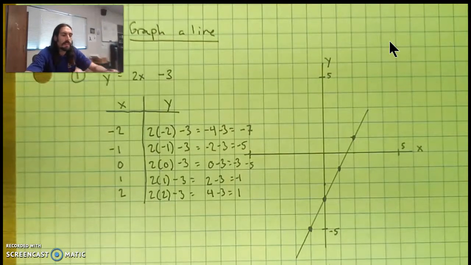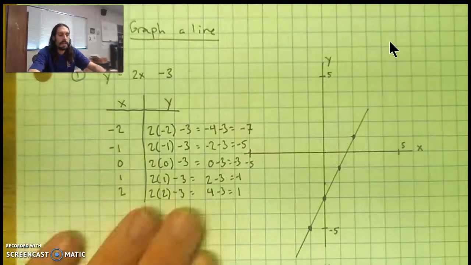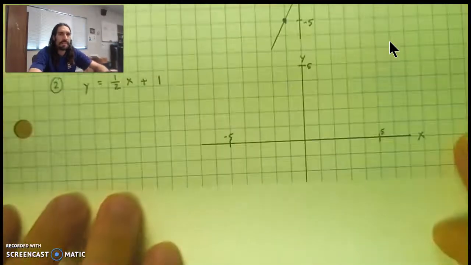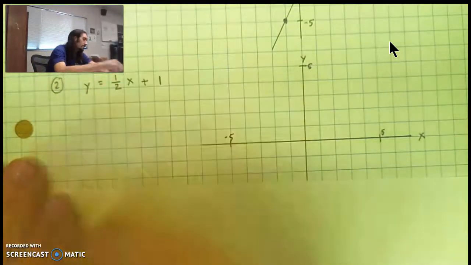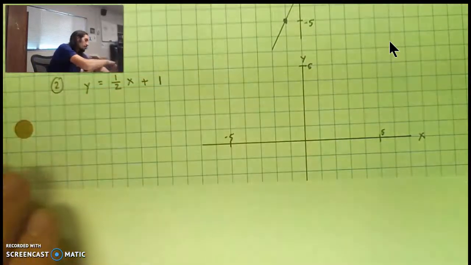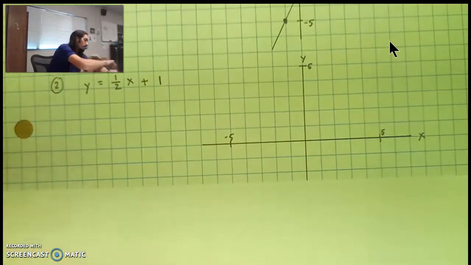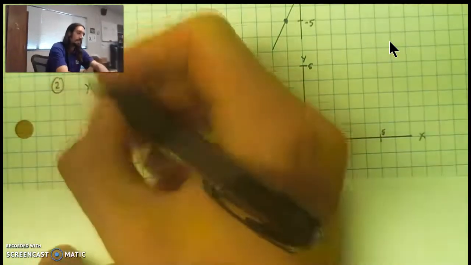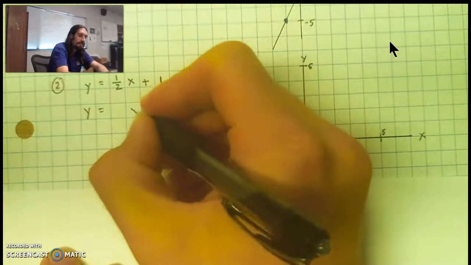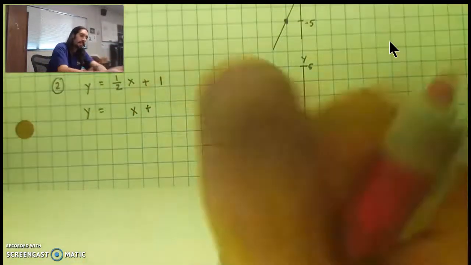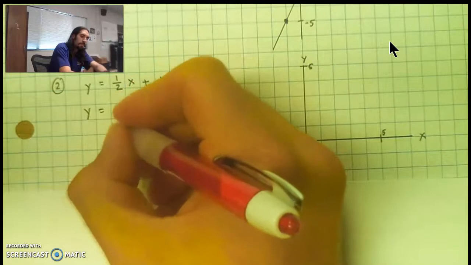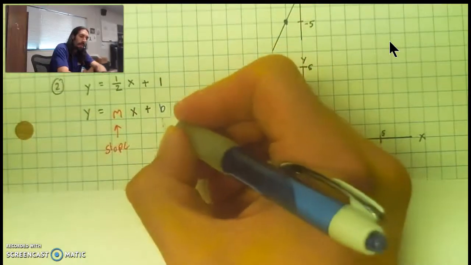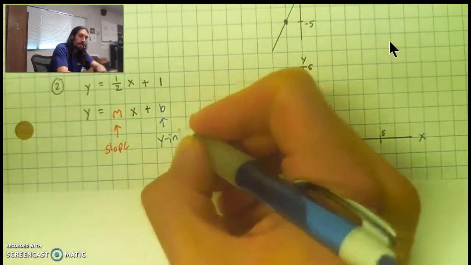So just remember that you've always got the option to plot points and make a table. However, a lot of times we want to take advantage of the shortcuts. That's the whole reason we have our equation y equals mx plus b. One second, I need a different color. Blue it is. So we have our equation y equals, and the idea is you've got a slope for m, and you've got a y-intercept for b.